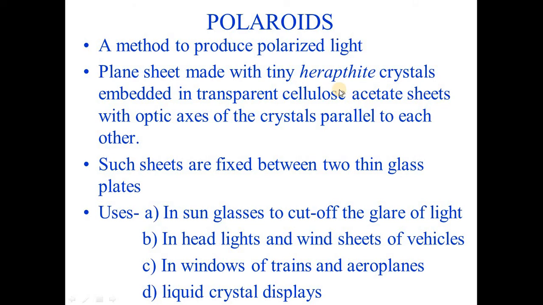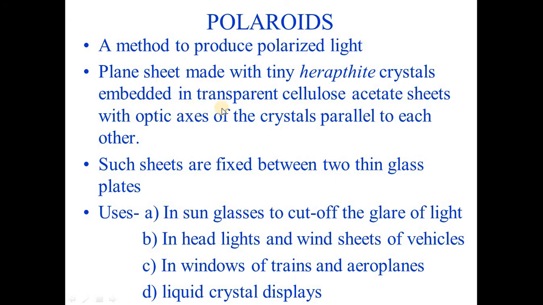What happens is that it has a lot of molecular chains, and when light is incident with its electric field vector making an angle theta with the optic axis of this crystal, it can be resolved into two components.